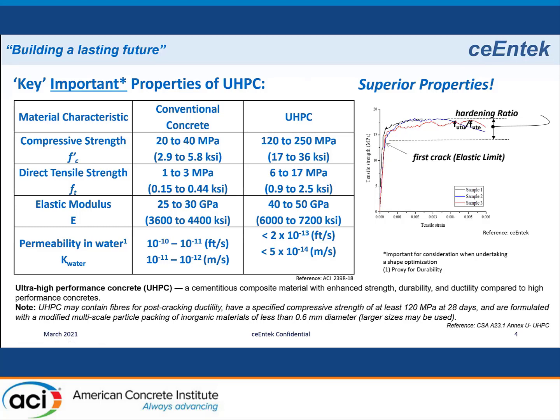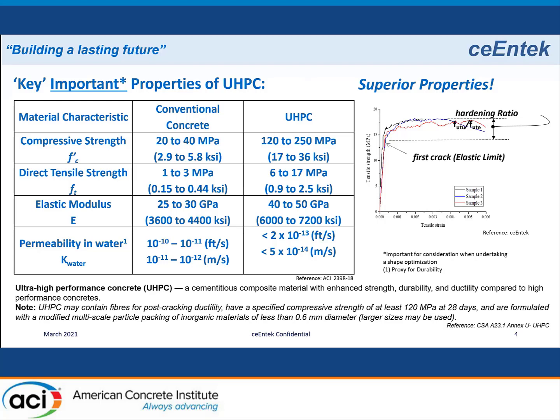I've broken this into four categories. One is compressive strength, and I show conventional versus UHPC. Then one is direct tensile strength, and as everybody knows, that's one of the key attributes of UHPC. It's a post-cracking, strain-hardening tensile capacity.